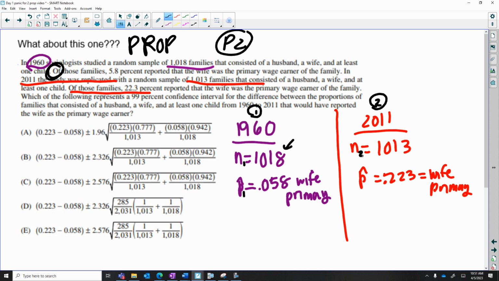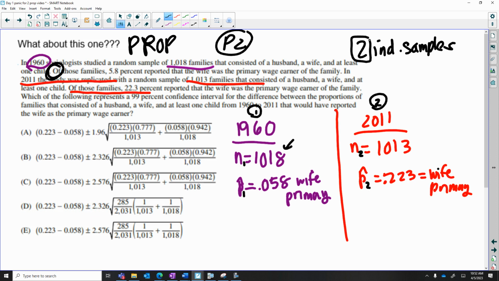We're going to call that N2, and out of those, p hat 2 was 0.223, the percent of families that had the wife as the primary income earner. As you can see, these are two independent samples, and they don't have anything to do with each other. They should not influence each other. So this is actually a two proportion question, not a one proportion question.